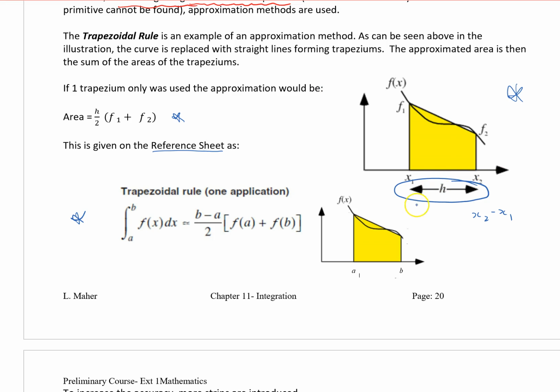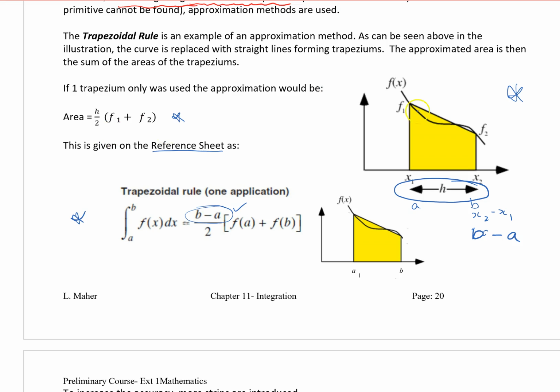Remember, we would have called them from A to B, because we would have wanted the area from A to B. So you will see a variation, and in particular on your reference sheet, reference to B minus A. It's the same as x2 minus x1 being replaced with B minus A. The 2 comes from our understanding that we need a 2 in our area of a trapezium.